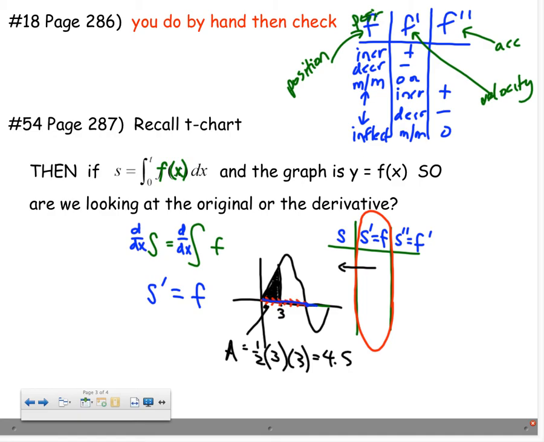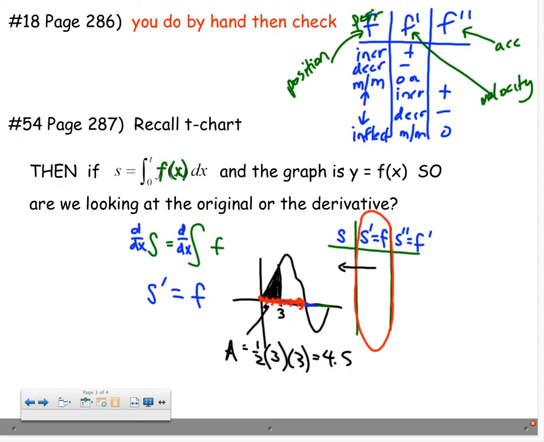F. When is the particle moving toward the origin and away from the origin? Now on this problem we are starting at the origin. If we're at the origin, we're walking away from the origin right now, because we're walking forward, forward, forward.